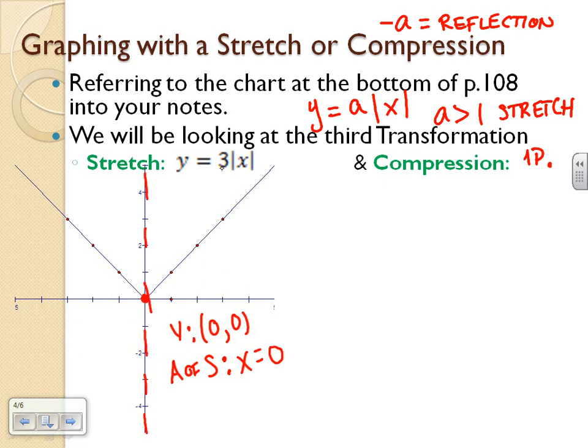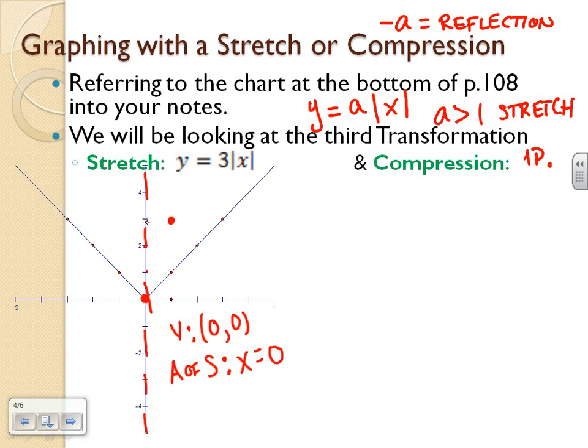Now, because we have a number in front of the absolute value, as I said, this is going to act as our new slope. Because that number is greater than 1, it's going to be a stretch. So we're going to stretch by a factor of 3, which means from our vertex, we're going to go up 1, 2, 3, and over 1. And you can do it again if there's enough room on your graph.